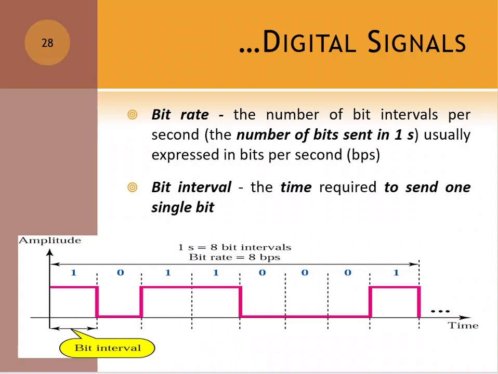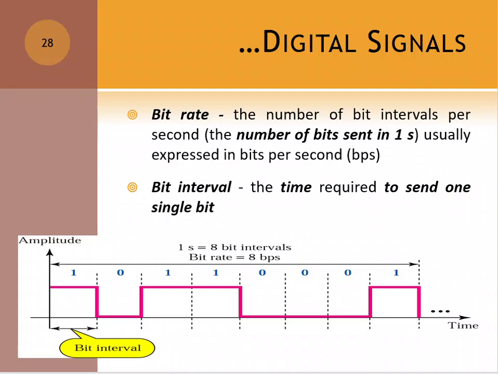Bit rate ni adalah bilangan bit yang boleh dihantar dalam masa 1 saat. Dia merujuk kepada kelajuan jugalah sebenarnya. So unit dia adalah BPS. So kalau macam biasa kita nak consider internet connection kan, kita biasa tanya okay, berapa kbps, berapa megabit per second. Tu sebenarnya adalah berapa banyak bit yang boleh transmit dalam masa 1 saat.